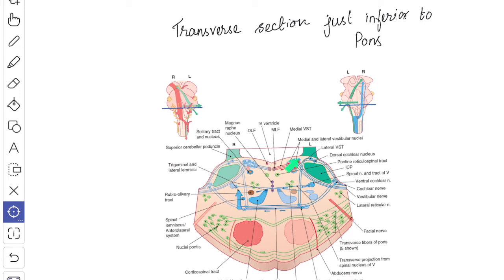This replaces the inferior vestibular nucleus of the section at the level of the olive. Then you get the dorsal and the ventral cochlear nuclei. These lie on the dorsolateral and the ventrolateral aspect of the inferior cerebellar peduncle respectively.